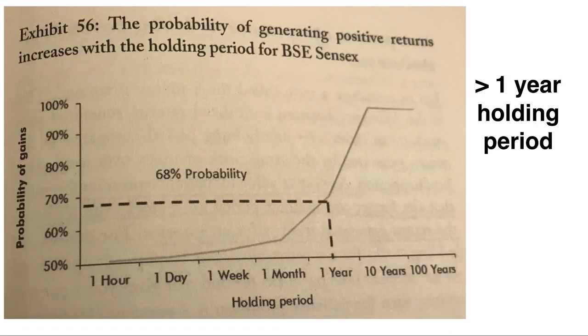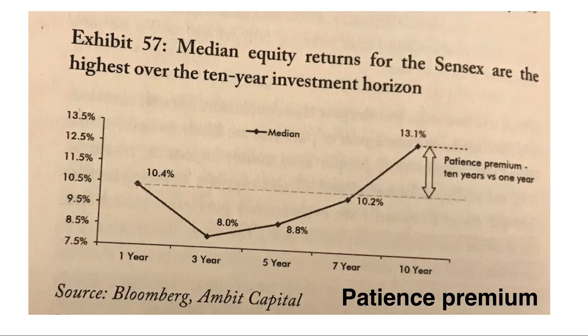Also, one thing that is found is that a holding period greater than 1 year seems to have a higher probability of actually making money. And patience premium was a new concept that I found out. With greater than 10 years, the return expectations are much higher than for 1 year, 3 years, 5 years, 7 years.